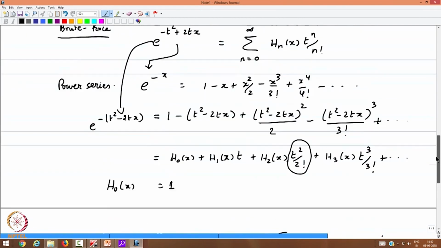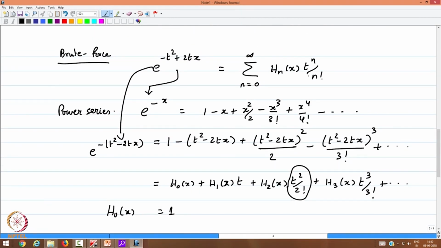So this is essentially a Taylor series where hn of x is the nth order derivative of this function with respect to t, evaluated at t is equal to 0.